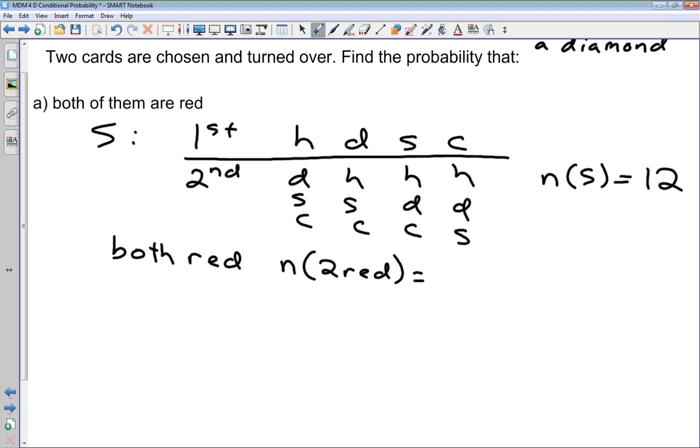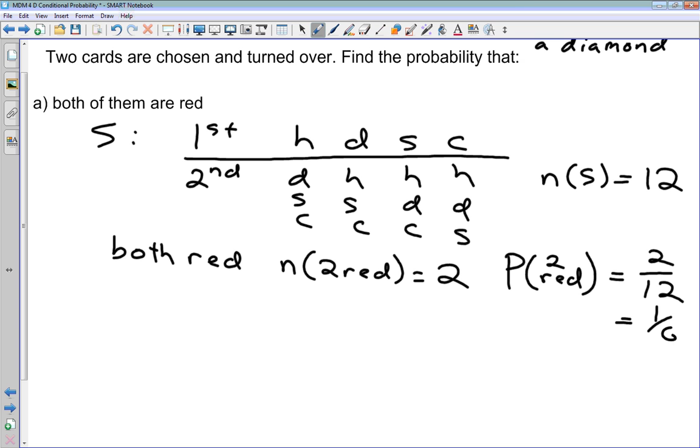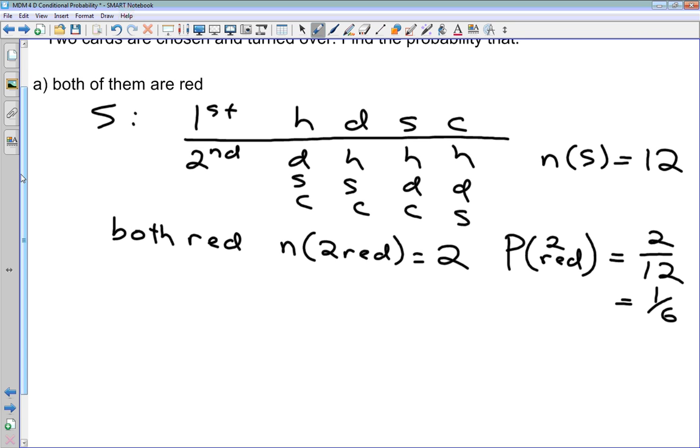And that's it. So there are 2 ways that both cards can be red. So our probability of getting 2 red cards is 2 over 12, or 1 over 6. So we can do this problem just by writing out all of the possible outcomes in our sample space.